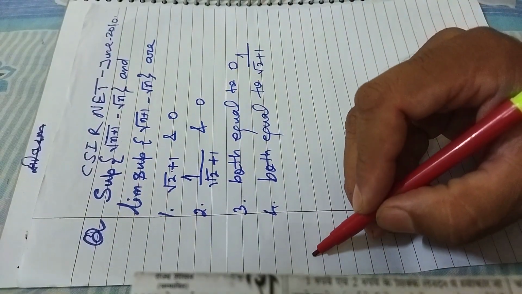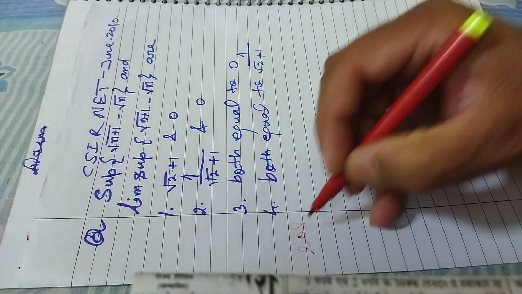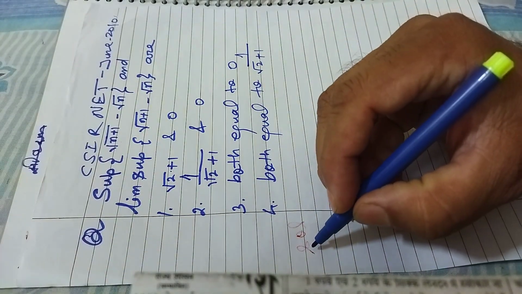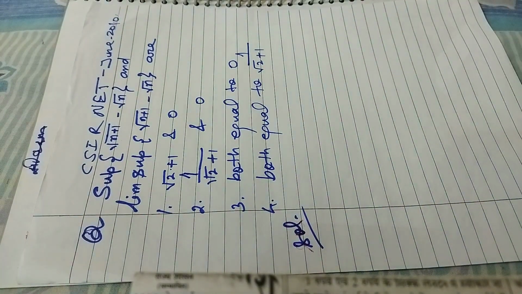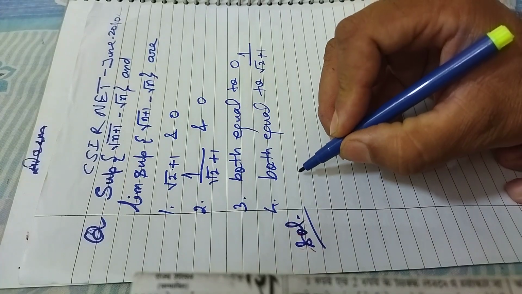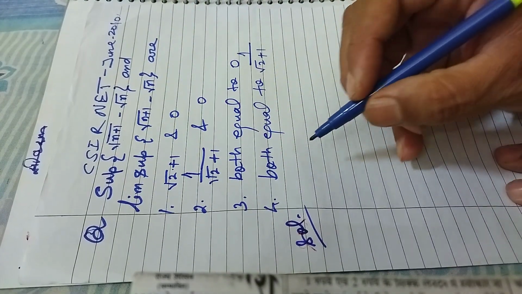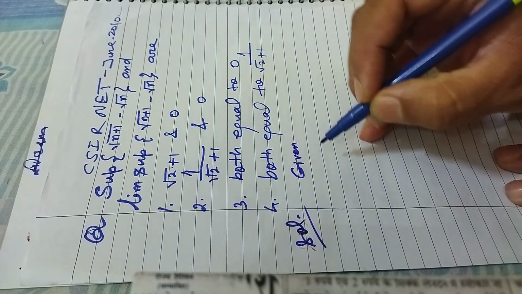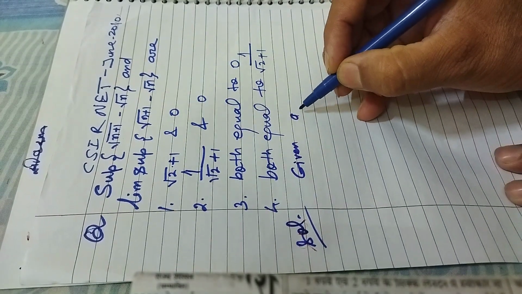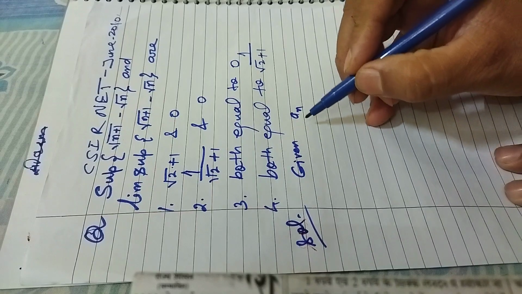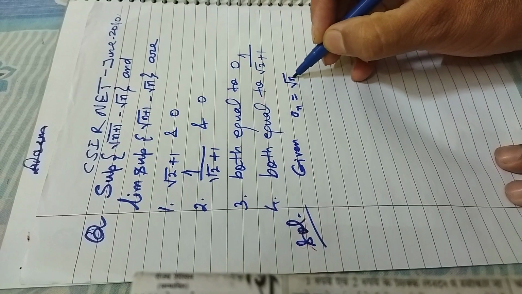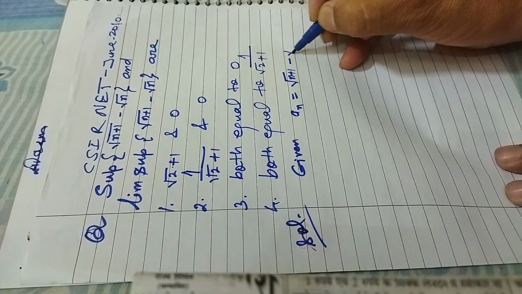Now we start the solution, and we are going to solve here. Let the given sequence be an, that is equal to root n plus 1 minus root n.